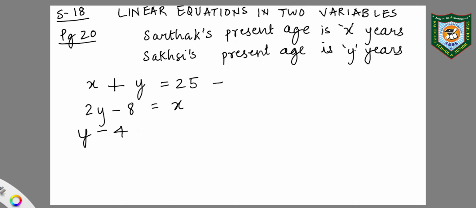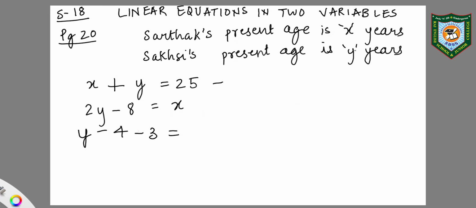Same for Sarthak. If I talk about Sarthak, then Sarthak's age 4 years ago would have been x minus 4. Now back to our statement. 4 years ago, Sakshi's age was 3 years less than Sarthak's age at that time.